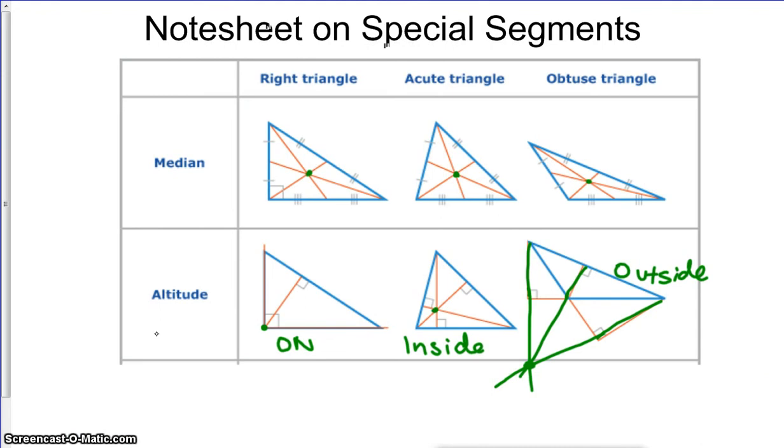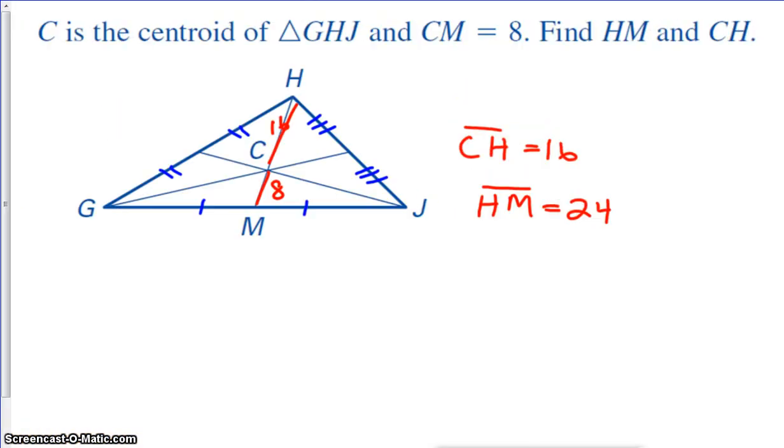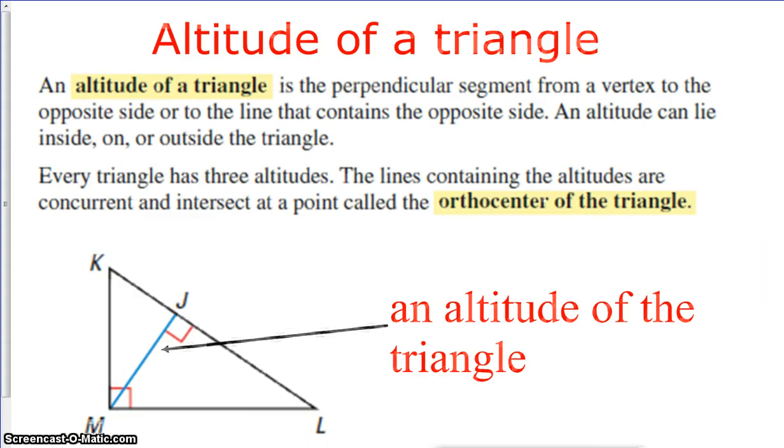Remember, the altitude can be on the triangle, inside the triangle, or outside the triangle, but they were always concurrent. This point right here, the point of concurrency for the altitudes, has a special name, and it's called the orthocenter. So the medians make a centroid, the altitudes make the orthocenter. So there's 2 of the 4 you have to memorize.